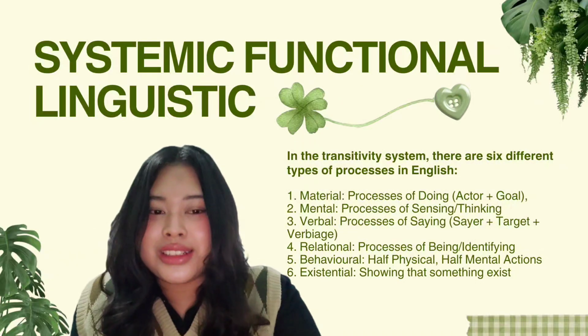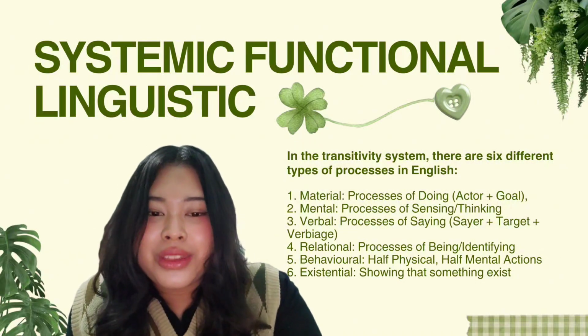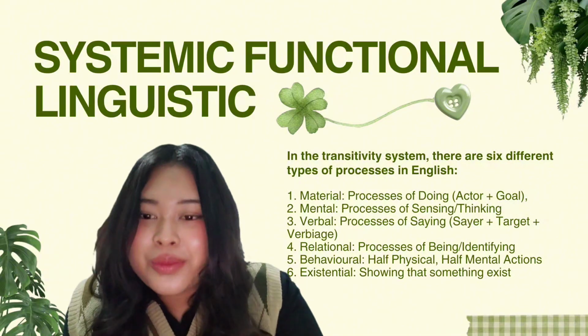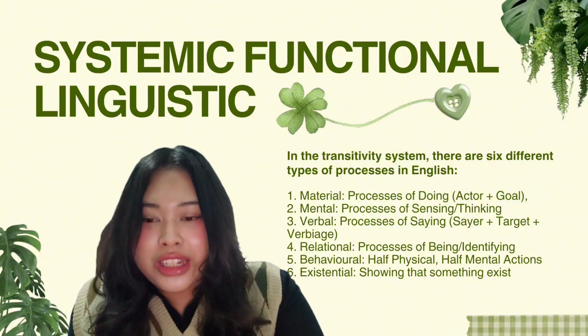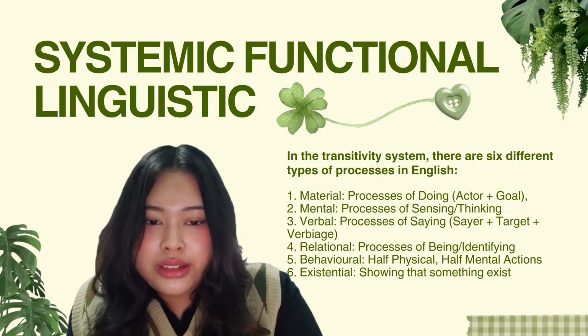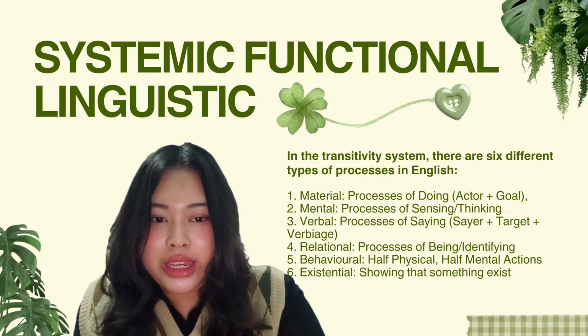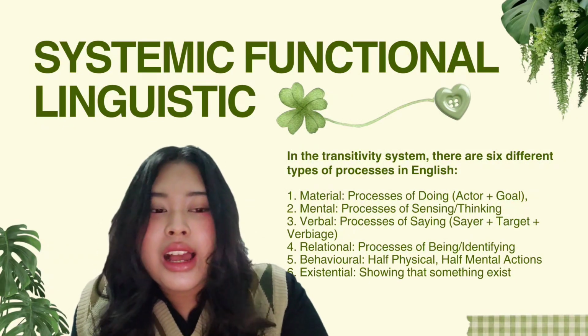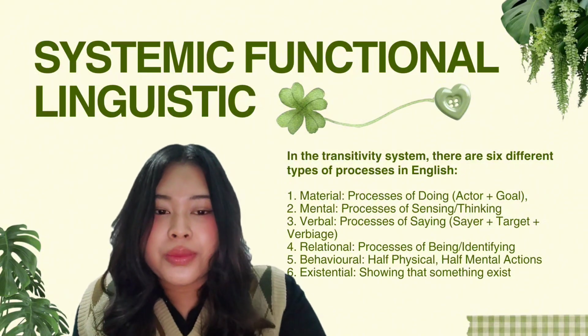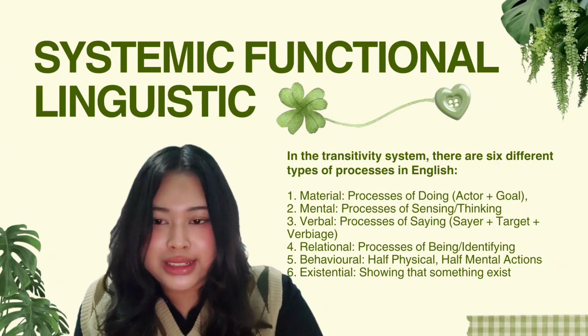Mental, which is processes of sensing or thinking. Third, we have verbal, which is the processes of saying. Next one, we have relational, which is the processes of being or identifying. Next, we have behavioral, half physical, half mental actions. And the last one, we have existential, showing that something simply exists.